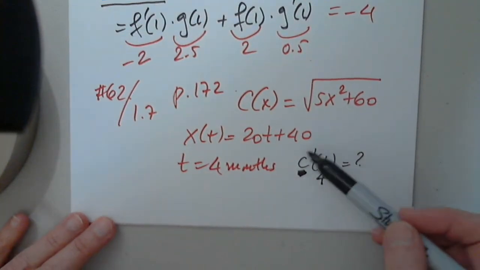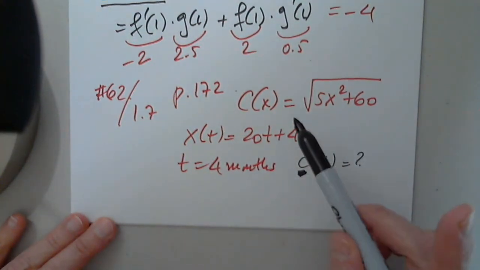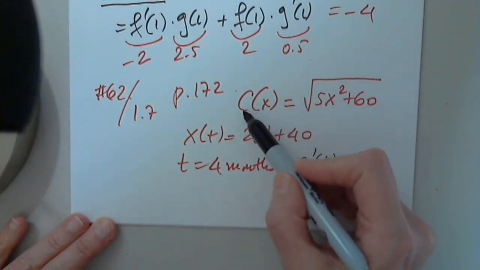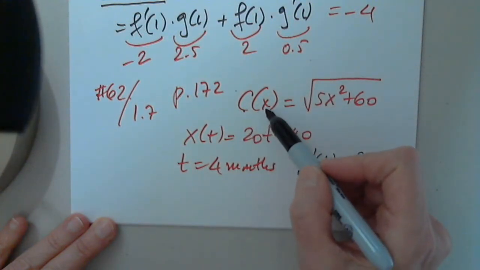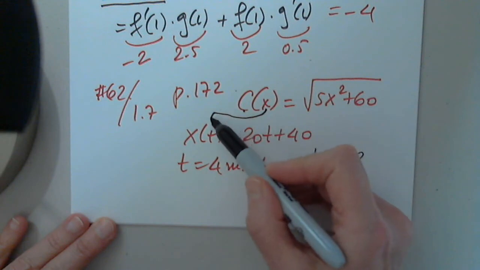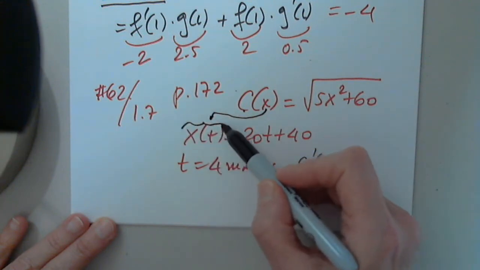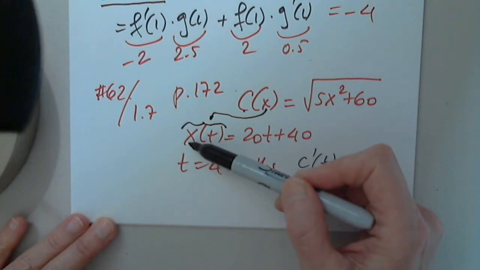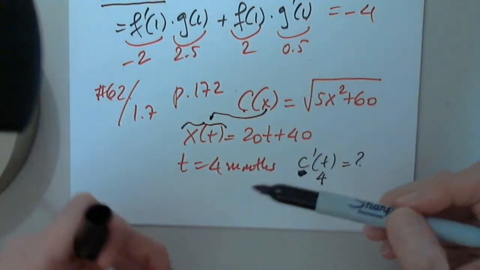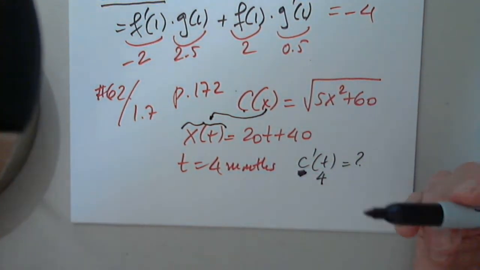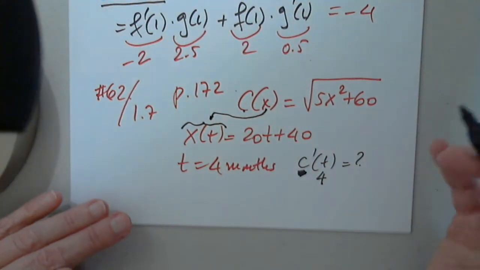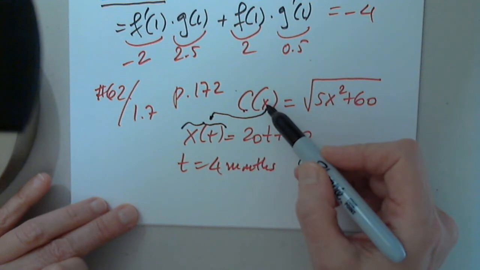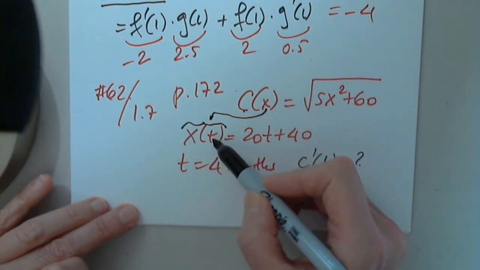Well, I cannot do this before I realize that I have a function of another function. So c is a function of x. Of course, they are throwing these variables at us to make it as difficult as possible, but it's not. So cost is the outer function. X is the inner function of t.